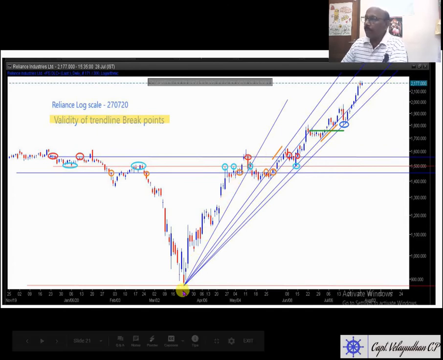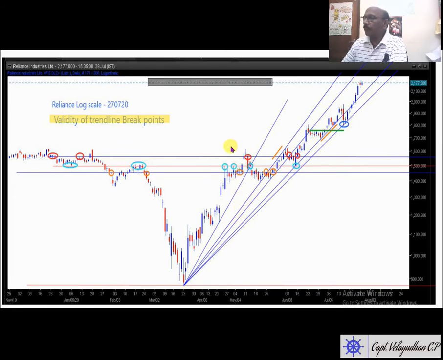And here again I drew another trend line after falling and moving up. I took this point and this point and extended. Here is the trend line break point.